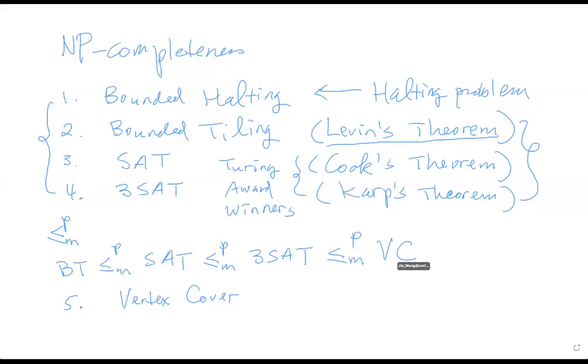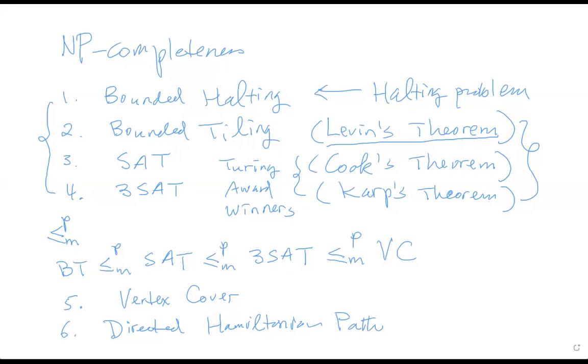And last time we looked at directed Hamiltonian path. That is NP complete. So we also reduce 3SAT to directed Hamiltonian path.